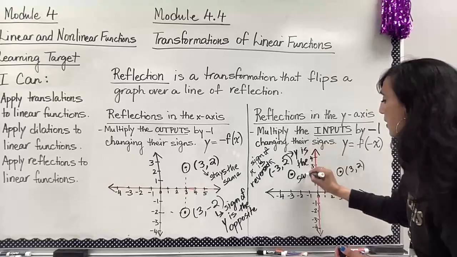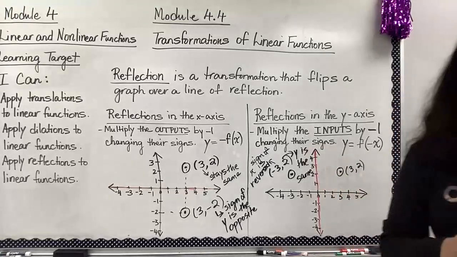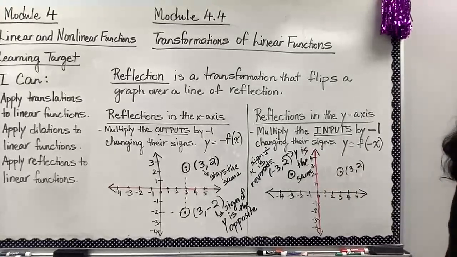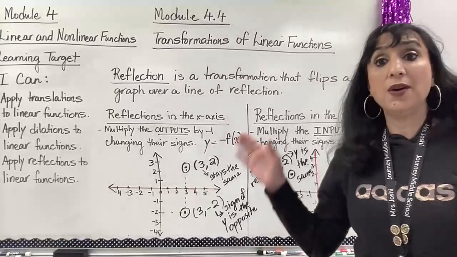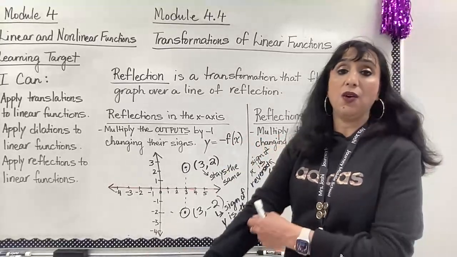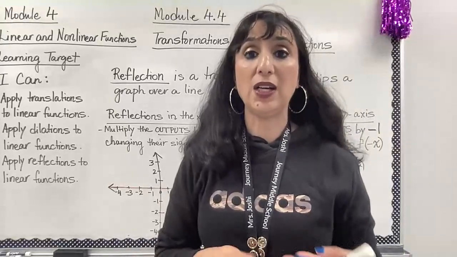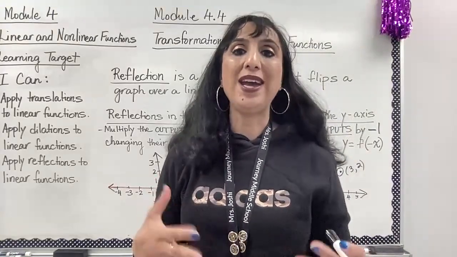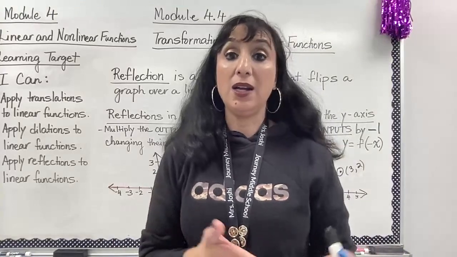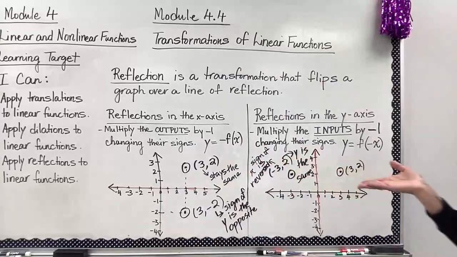Y is the same. So this is a quick refresher of what we have done in the past, and now we are just applying it to 8th grade. Now, the only difference is, we know how we have done the ordered pairs in 6th grade, but now all we're doing is graphing a linear function and then reflecting that.